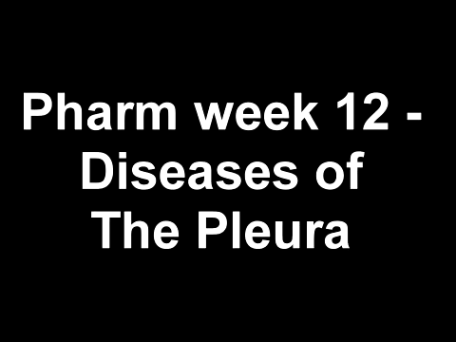Secondary spontaneous pneumothorax means there is an underlying lung disease. So you have obstructive airway disease like bronchial asthma, emphysema, cystic fibrosis. So the patient has a history of a lung disease.